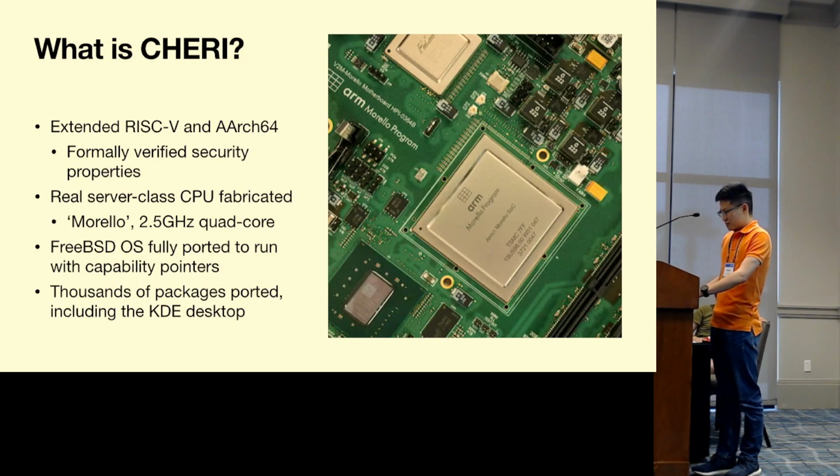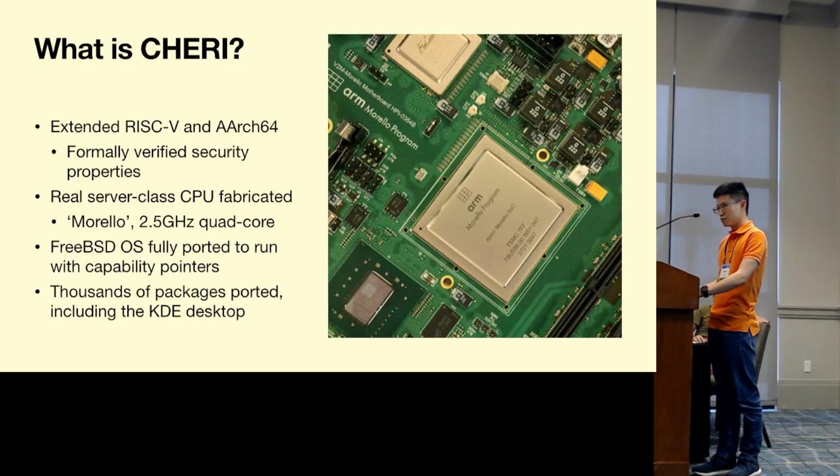We have a real server-class CPU fabricated with ARM. It's called Morello, a high-performance quad-core computer. We have the FreeBSD operating system fully ported to run with capability pointers. And we also have thousands of packages ported to run on this new architecture, including a usable desktop environment.